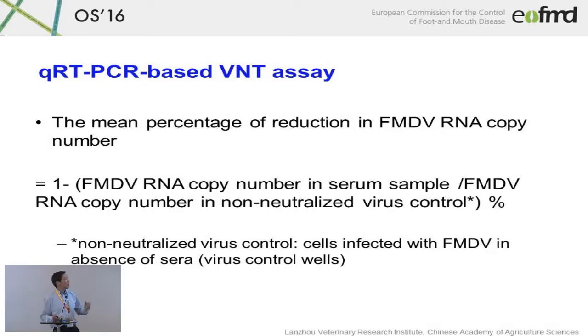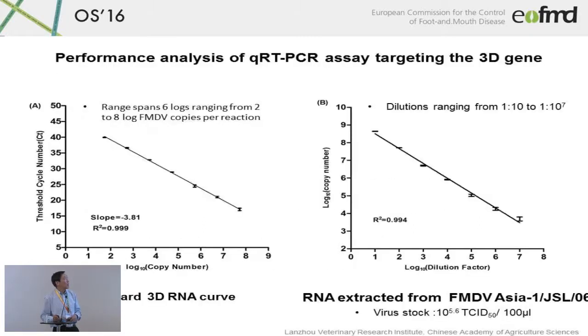So in that case, for the first step, we have to talk about the results we have so far. First, we have to look at whether the performance of this RT-PCR is good enough for us with our local virus, which we isolated in China.